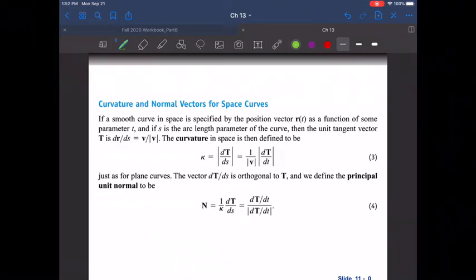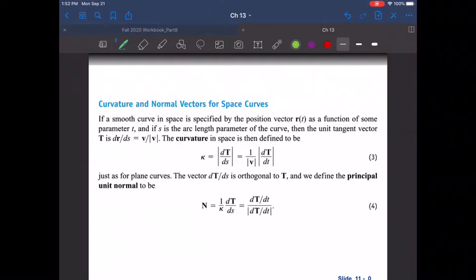If a smooth curve in space is specified by the position vector r of t as a function of some parameter t, and if s is the arc length parameter of the curve, then the unit tangent vector T is dr/ds equals v over the magnitude of v. The curvature in space is then defined to be this. So we had actually already defined this kappa like that.